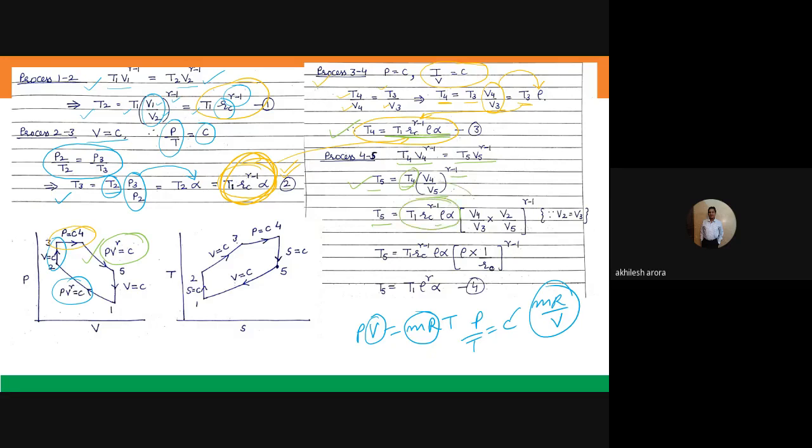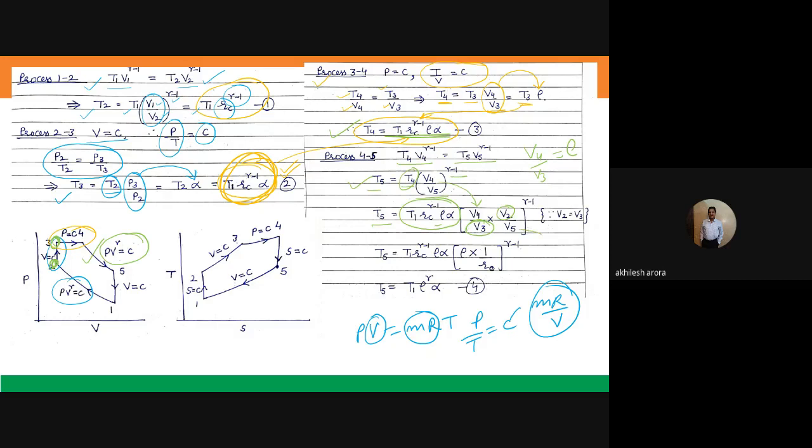And V4 by V5, what we have done here is that we have multiplied by V2 and divided by V3. If you see the diagram here, you can see at point number 3 and point number 2, the volume is same. So there is no change in the expression written here. So what is V4 by V3? V4 by V3, if you see the diagram here, is given as rho. And V2 by V5.